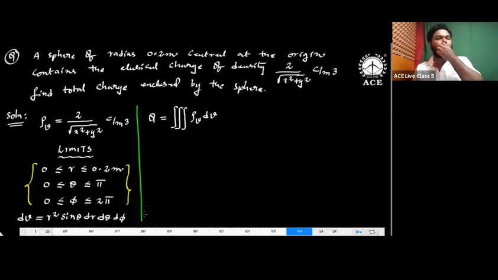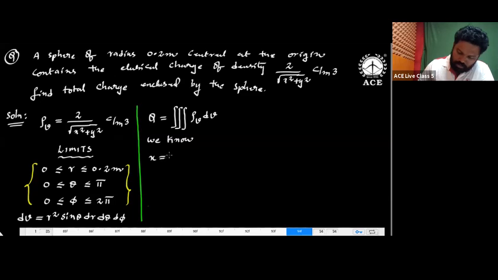Here the volume charge is given in the Cartesian coordinate system, so you need to convert it into the spherical coordinate system. How do you convert? In today's session itself, I have derived x is equal to r sin theta cos phi, y is equal to r sin theta sin phi. So x square plus y square is equal to r square sin square theta.